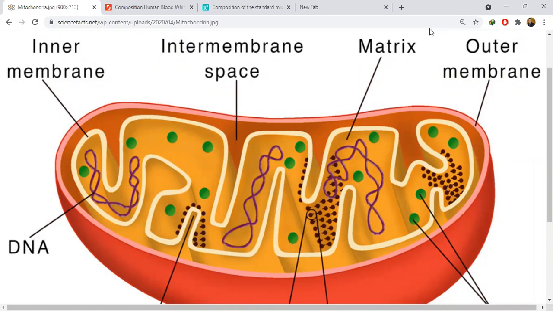Linear. Linear, you can see the free end of each strand. Then how do you say it is linear? Can you see the free ends here?